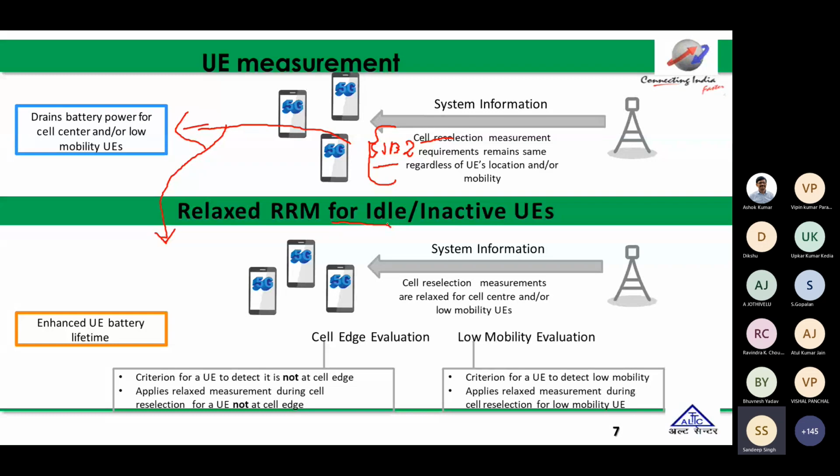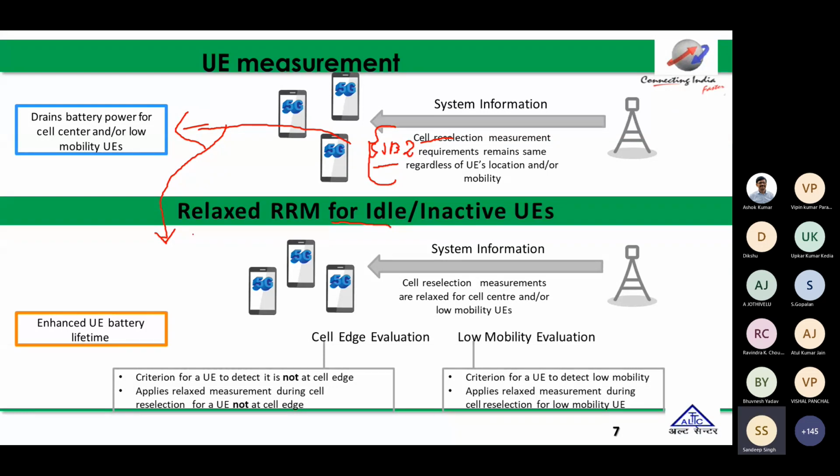Cell reselection is always done for idle and inactive users only, and handover procedures are performed only for active users, or users connected to the base station or network, right? So cell selection and reselection is always performed by idle and inactive UEs, and handover is performed by the active, that is connected, UE.